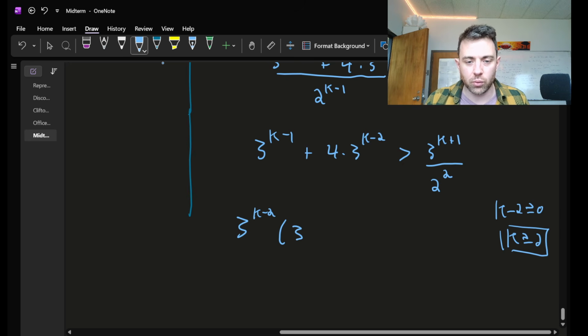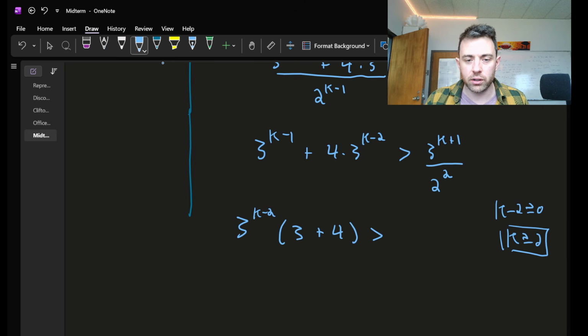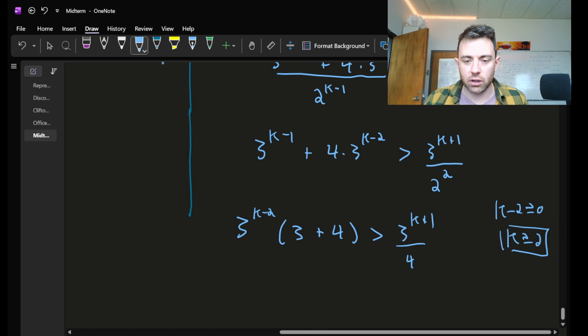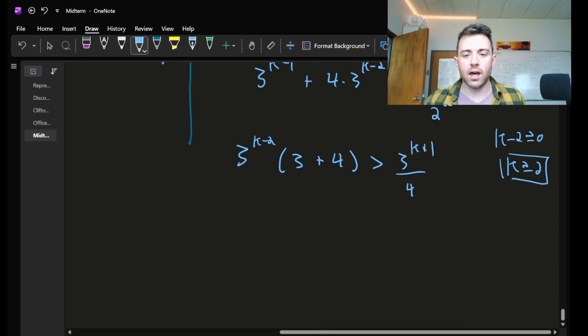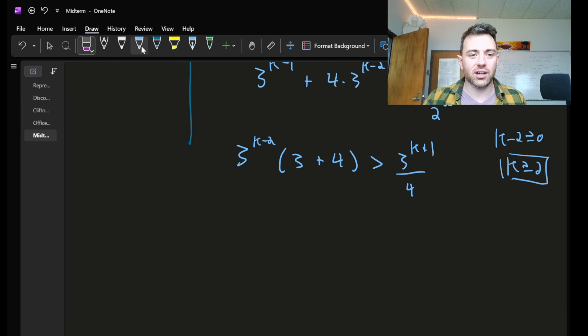I'll be left with 1, 3 in the middle here, plus 4 bigger than 3k plus 2 over 4. I can divide both sides by 3k over 2, multiply both sides by 4. So I get 4 times 7 on the left side.